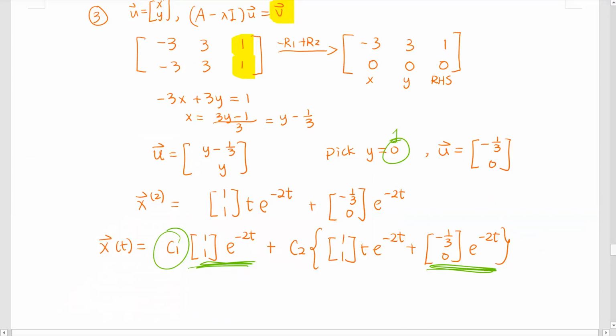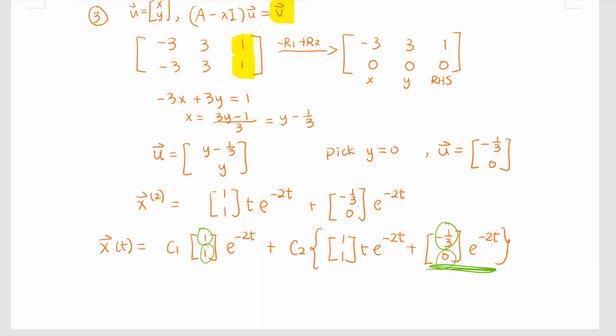So we use this one to subtract the 1/3, and we use this one to add the 0 here. So we will still get the same answer. That's why, to find the u, you can pick your y to be 0. But when you find your eigenvector, you cannot pick your y to be 0. So far, so good, everybody?